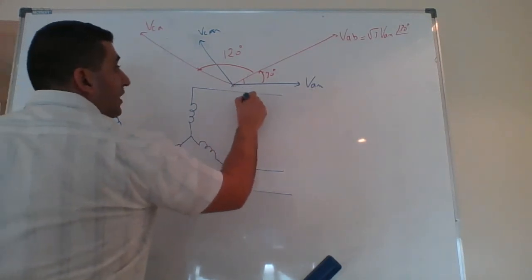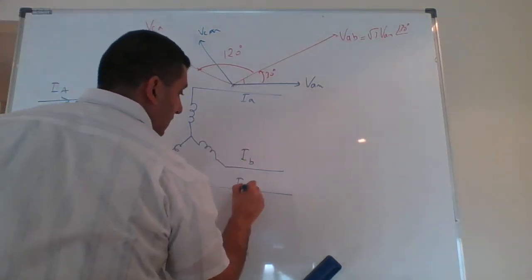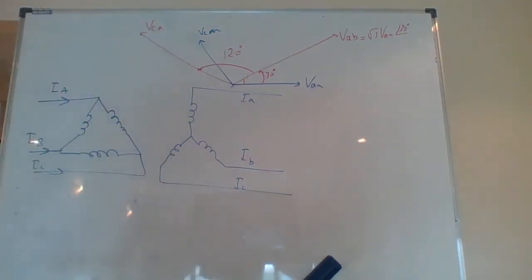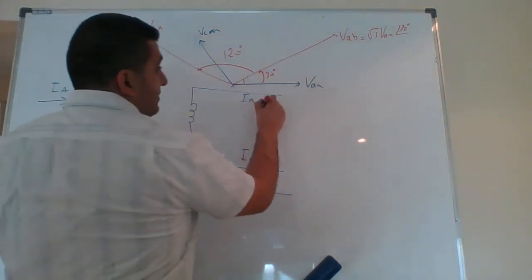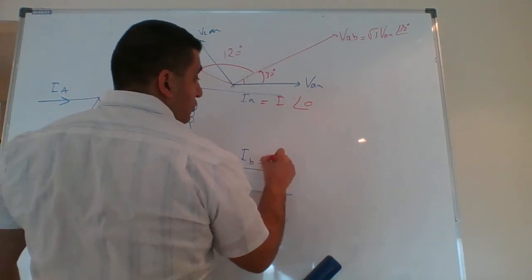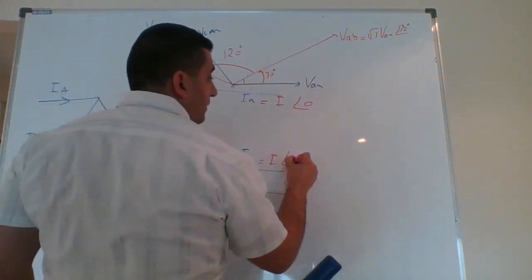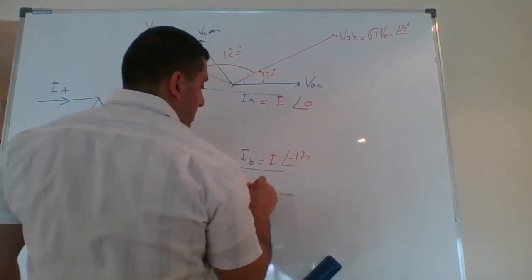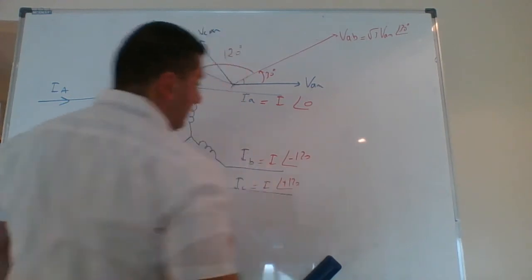I call this I small a, I small c. If I take this current as a reference, it's equal to I angle 0. This is equal to I angle minus 120. This is equal to I angle plus 120.